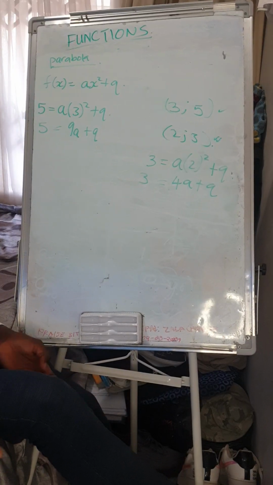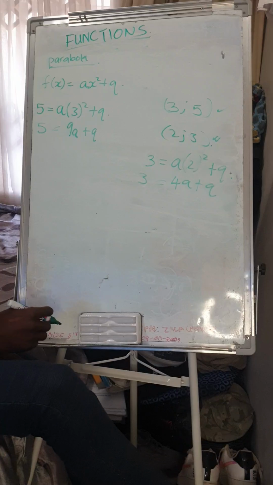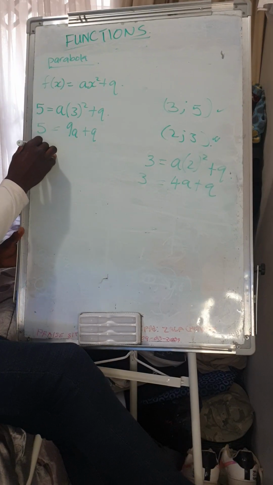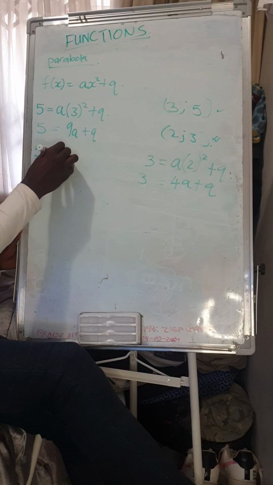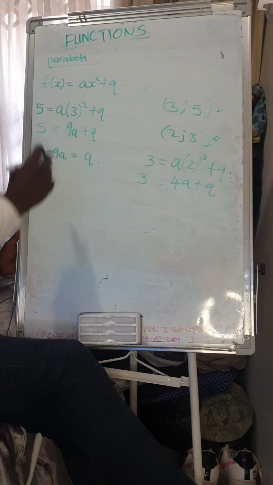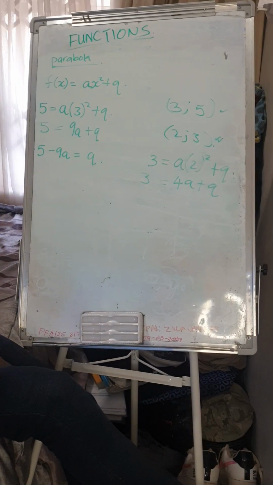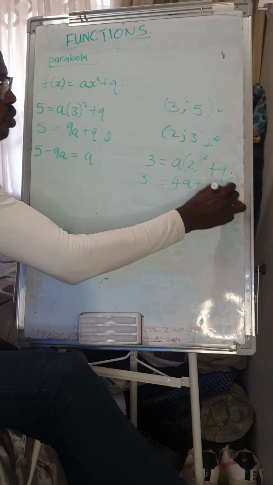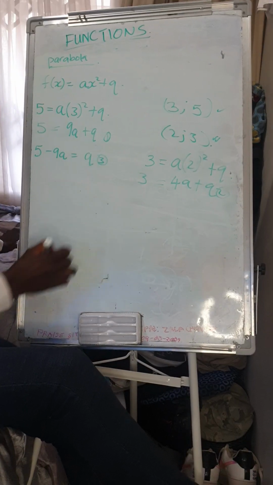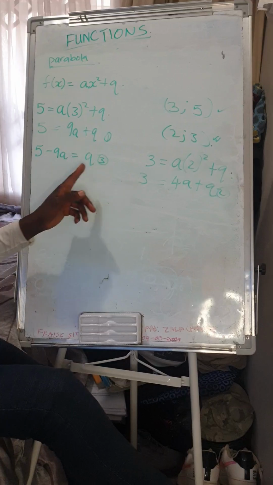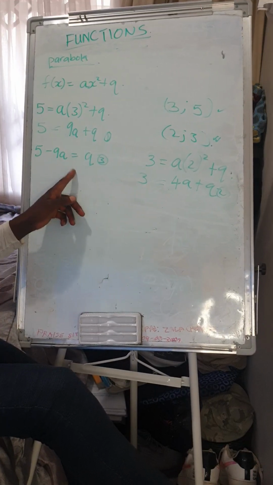Now we can manipulate q. We can say 5 minus 9a equals q. I shifted this one to the other side. This is your equation 1, this is 2, this is the new one, the third one.